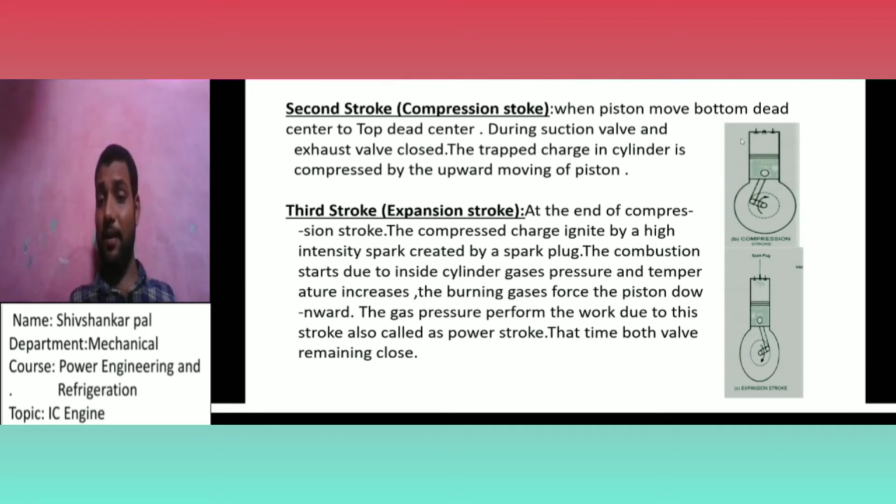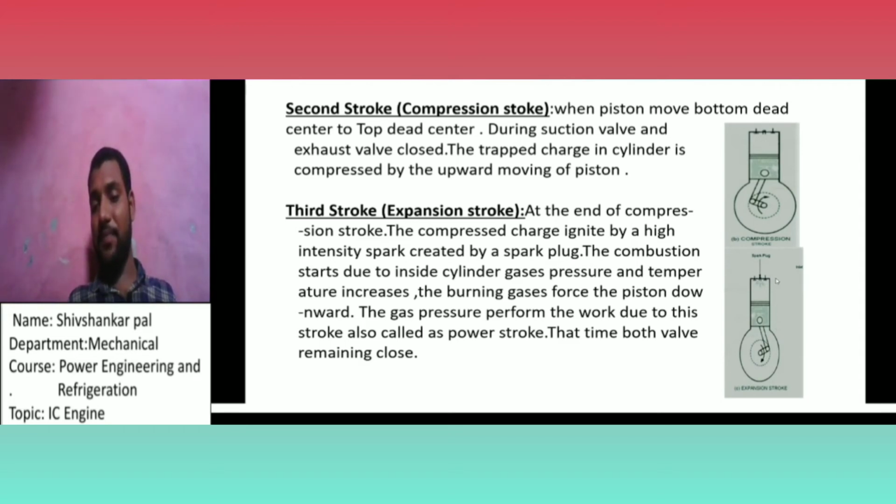When combustion is completed, heat energy is released, and due to this the pressure and temperature inside the cylinder increase, pushing the piston in the downward direction. That is our power stroke. At that time both the inlet and exhaust valves are closed as the piston moves from top dead center to bottom dead center.